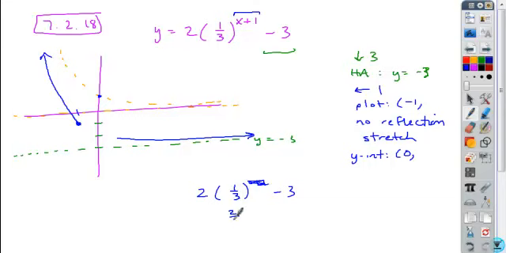Times 2 is 2/3, minus, if we were to express this 3 in terms of thirds, 3 is how many thirds? 9, right? 9 divided by 3 is 3. So if you look at it in this way, your y-intercept is going to be -7/3.